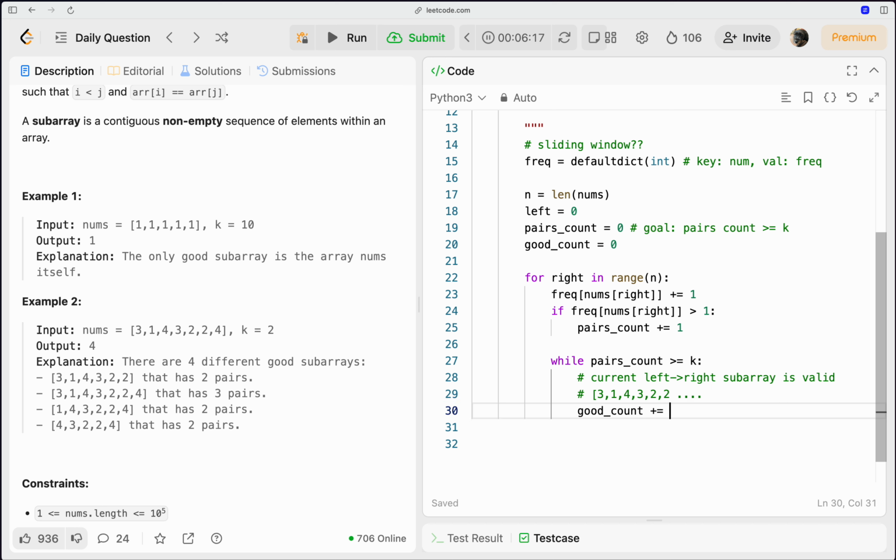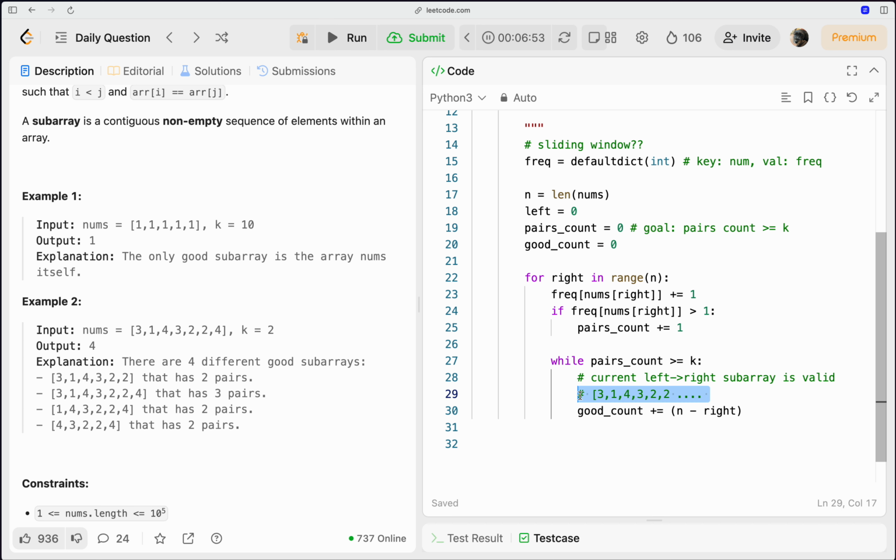Good count plus equals, 0, 1, 2. Yeah, so I think it plus equals the whole thing minus the right. And that's how many good counts using this subarray that we can make.